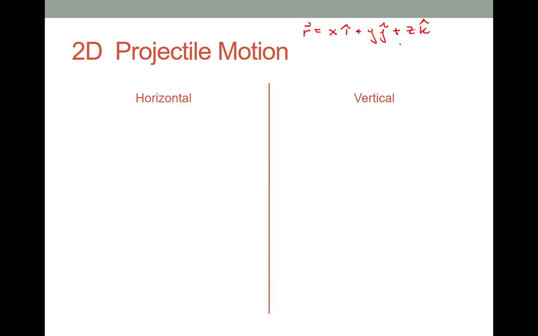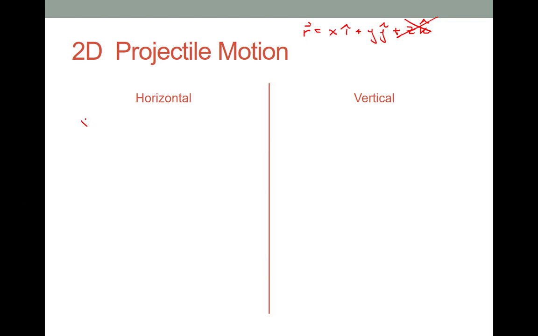Typically here, the 2 dimensions we're going to be working with are x and y, so we will ignore this. And because our acceleration is only in one direction, there is no connection between the horizontal motion and the vertical motion. That allows us to work with them sort of independently of each other.